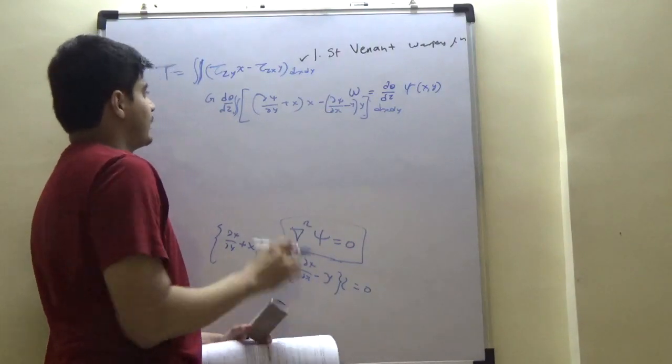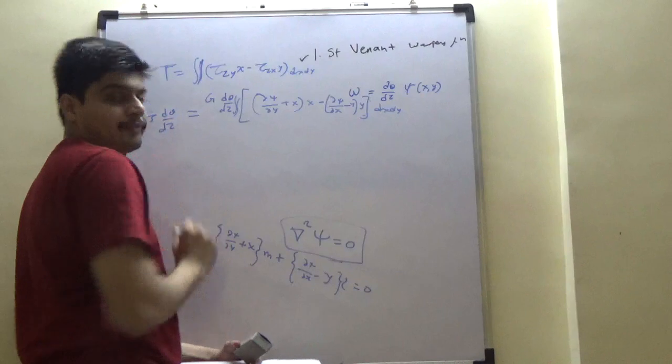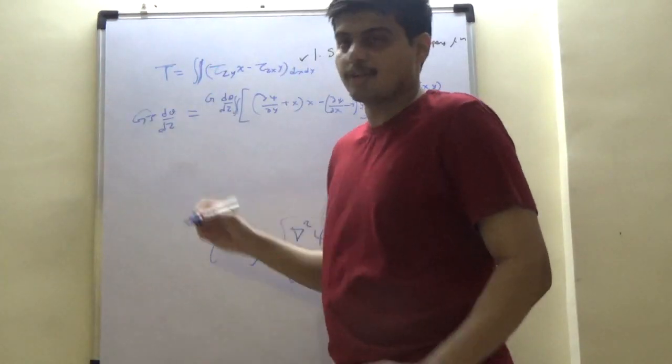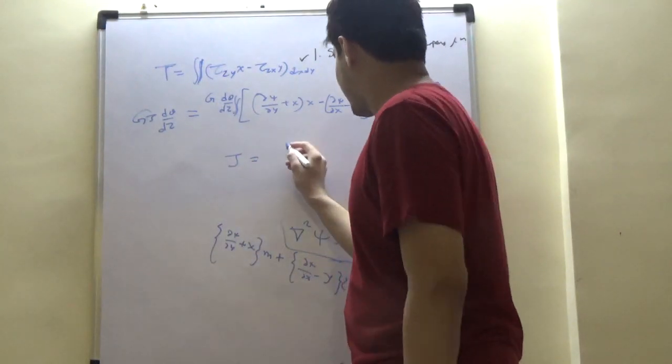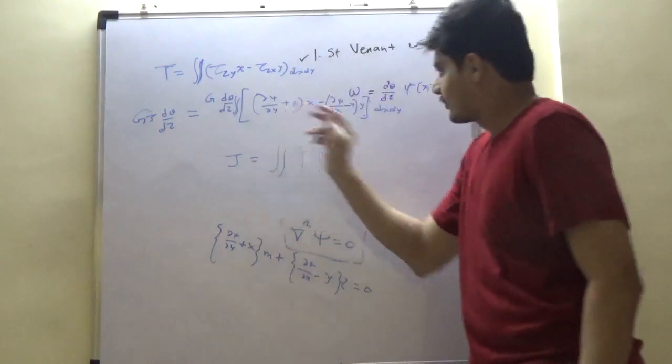So G, and this is G J theta dash. We have already started expressing our torque as G J theta dash, right? So by comparing this, you can see that J is nothing but this double integral of this.